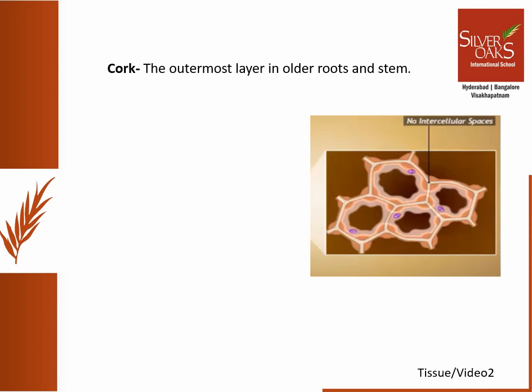The second type of protective tissue is the cork. Cork is the outermost layer in older roots, and we learned that the outermost layer in all the plant parts is made up of epidermal tissues. But as the plant matures, the epidermal tissues are replaced by another type of tissues which are called cork.